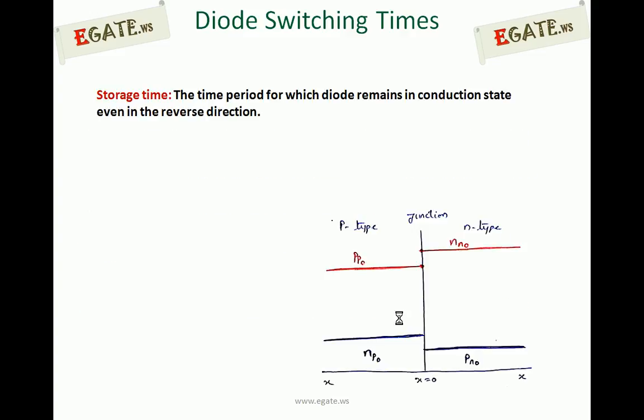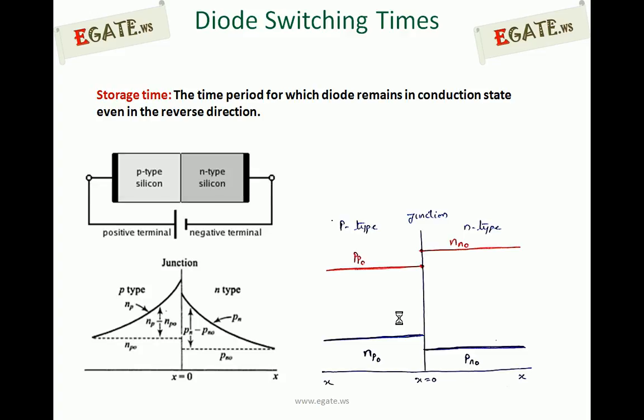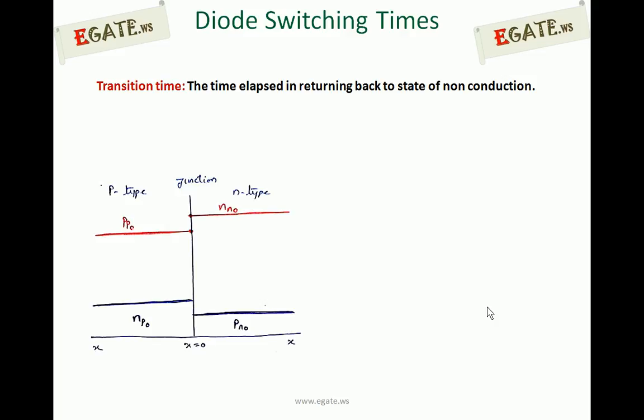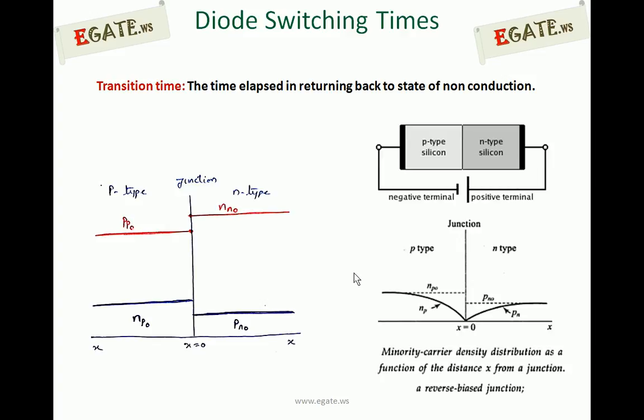So storage time is the time period for which the diode remains in conduction state even in the reverse direction. That is the time required to remove the excess minority carrier charge. Next, transition time is the time elapsed in returning to the state of non-conduction. From this state it has to come towards steady state reverse bias, and how much time it requires is called transition time.